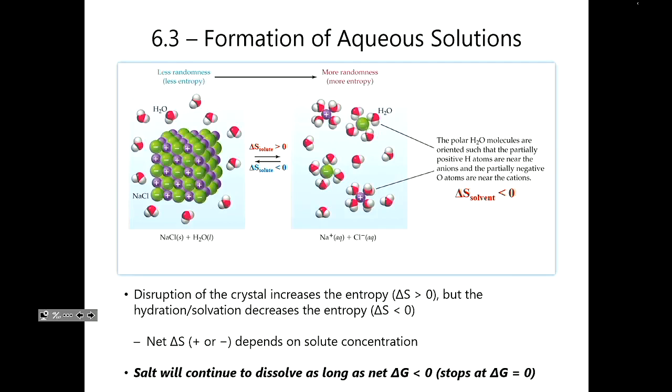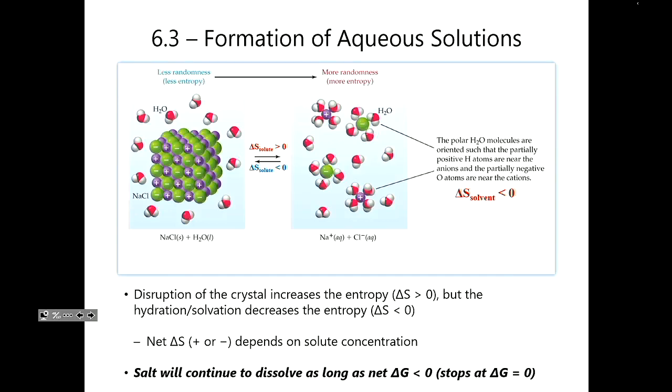The negative pieces of the water, which is oxygen, delta minus, are going to be sort of touching or surrounding the cationic components of the salt. So the sodiums are going to be sort of in contact with the oxygen piece of the water, very organized. The chloride is the opposite. The hydrogens, which are sort of sticking down here at an angle of 104.5, they're sort of interacting with the chloride ion.